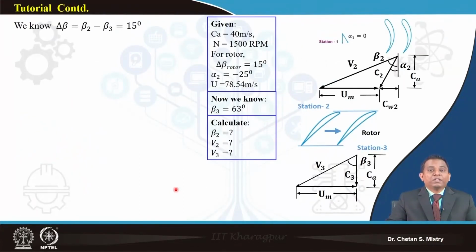Now what is known to us is delta beta, which is given as 15 degrees. Since we have calculated our beta 3, we can calculate our beta 2 angle, and that beta 2 angle is coming 78 degrees.